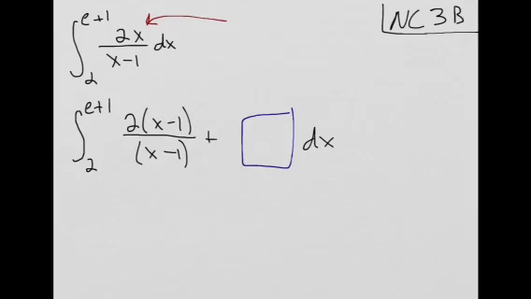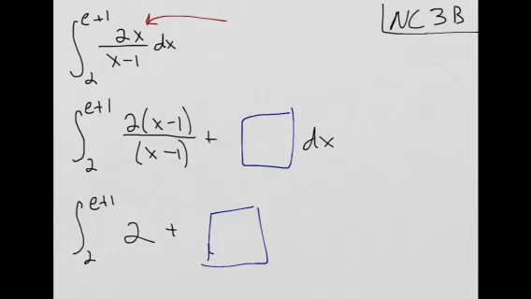The reason why I choose to have an x minus 1 there is that I can now go ahead and cancel. I love this undo button. I can cancel these two and get 2. So this is the integral from 2 to e plus 1 of 2 plus the box.